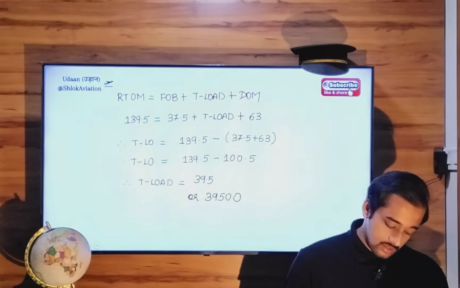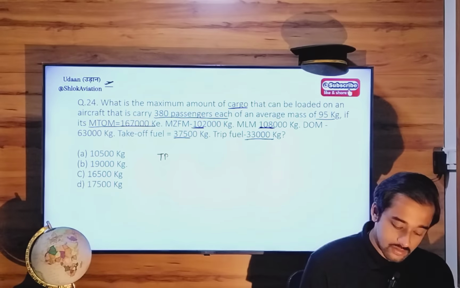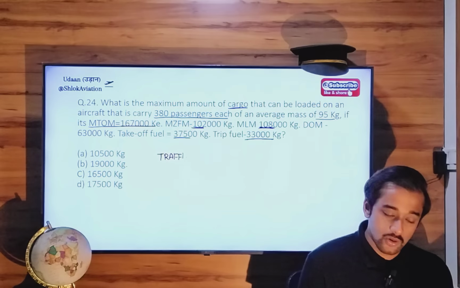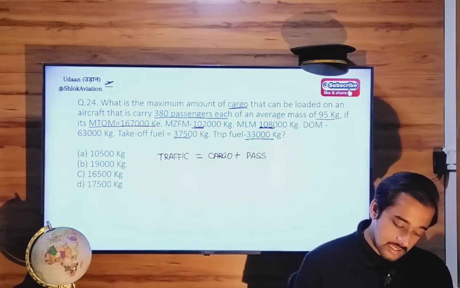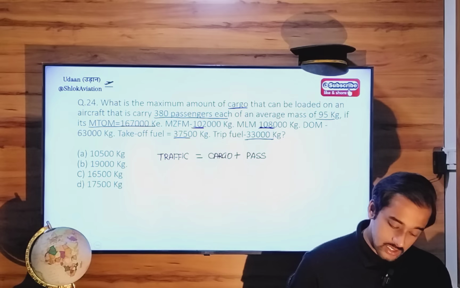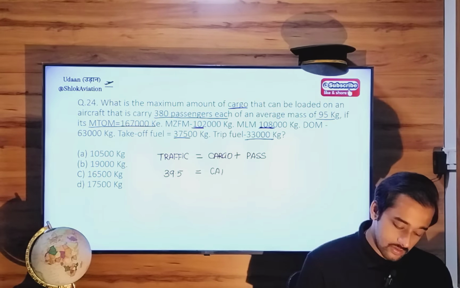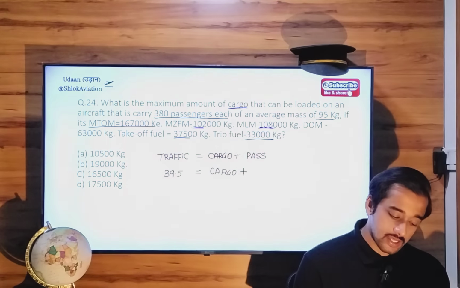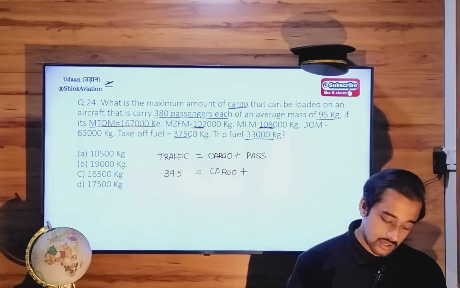Okay. So now your traffic load is equal to cargo plus your passengers. Traffic load is 39.5. Cargo we have to find out. Now there are 380 passengers, each weighing 95 kg.